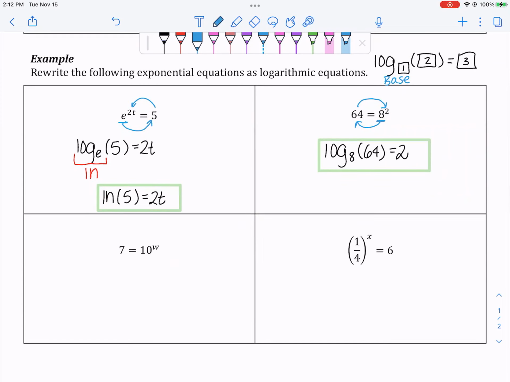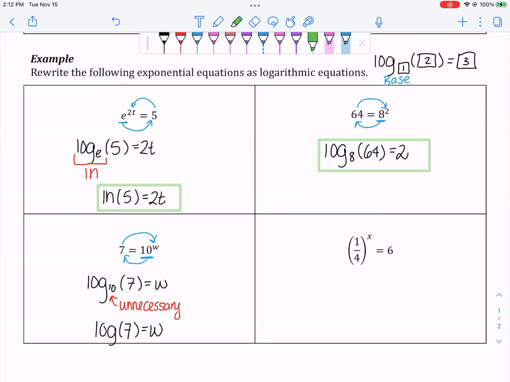For here, the base is 10, so we have log base 10 of, across the equal, log base 10 of 7 is equal to W. 10 is the common base, so we don't need to write it. The 10 is unnecessary. So we could write this as log of 7 is equal to W.